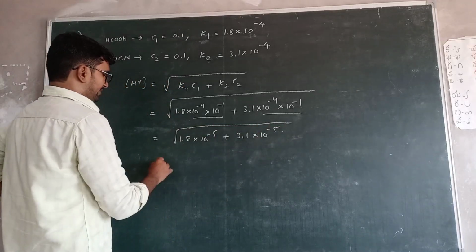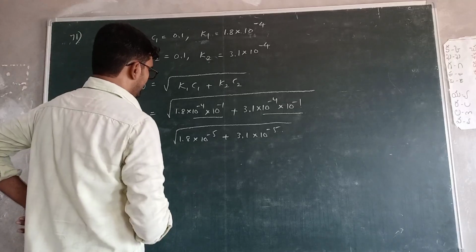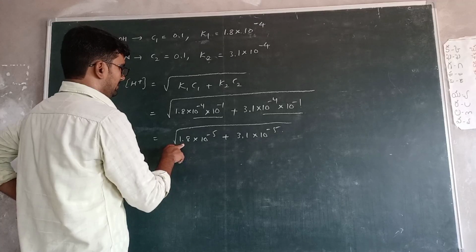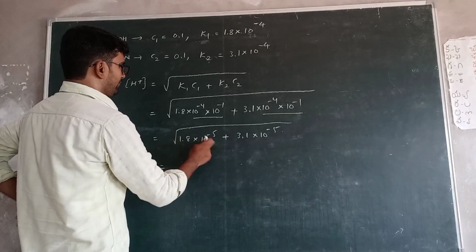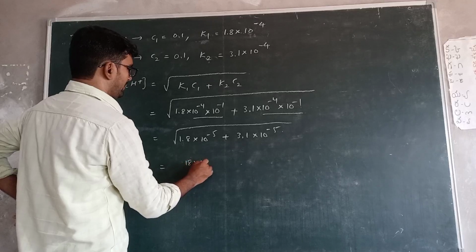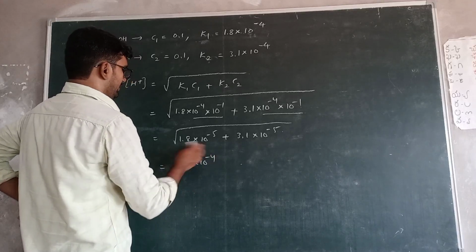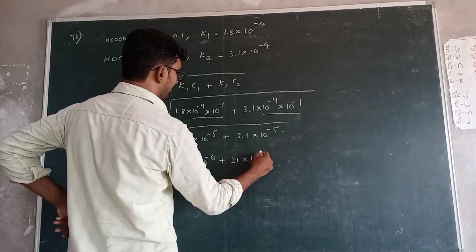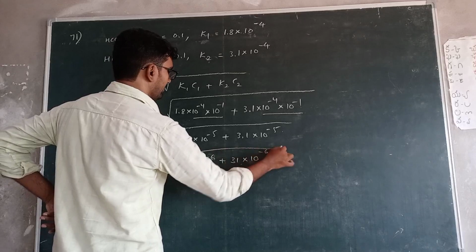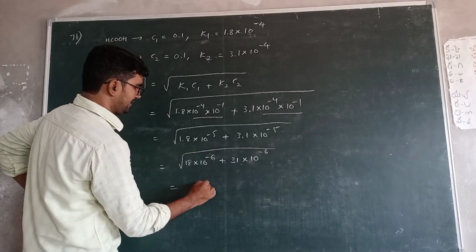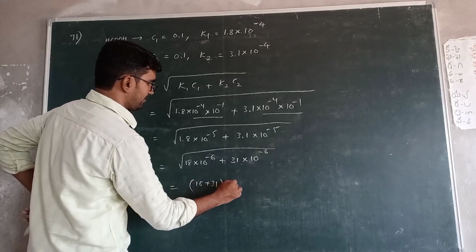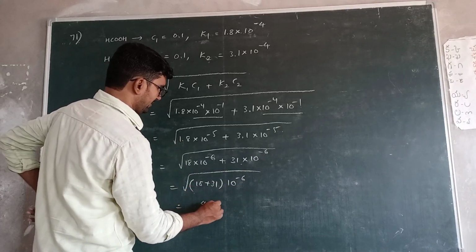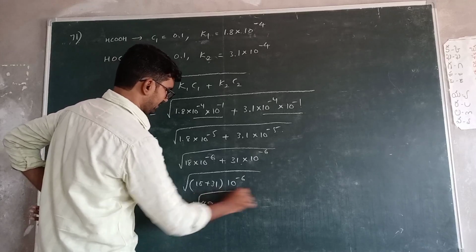For some simple calculation, 18 into 10 to the power of minus 6 plus 31 into 10 to the power of minus 6. 10 to the power of minus 6 is common, so 18 plus 31, that is 49 into 10 to the power of minus 6.